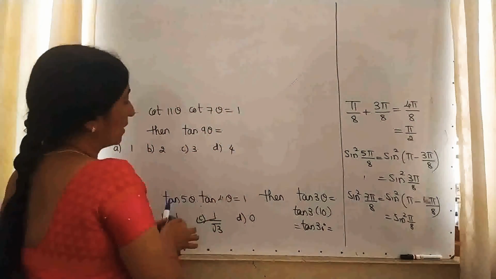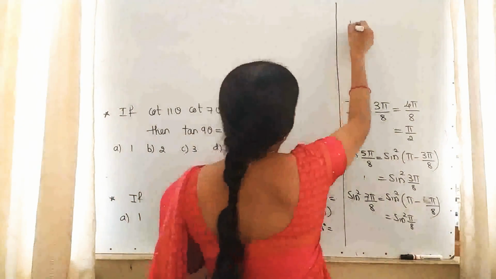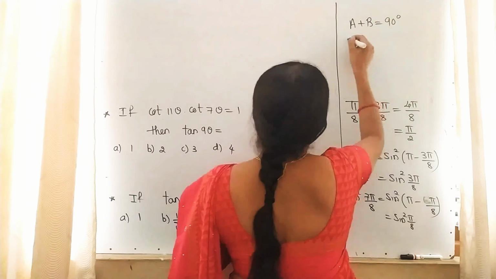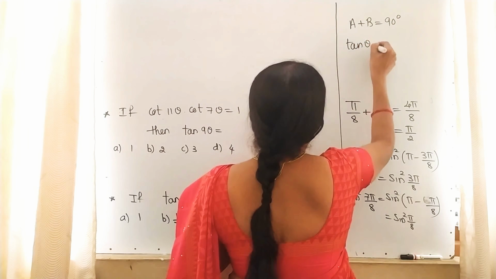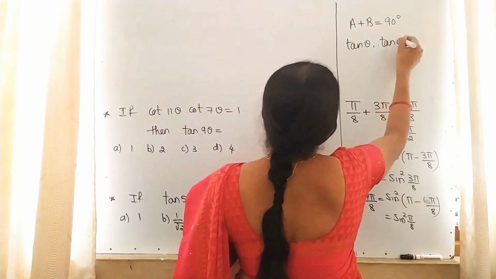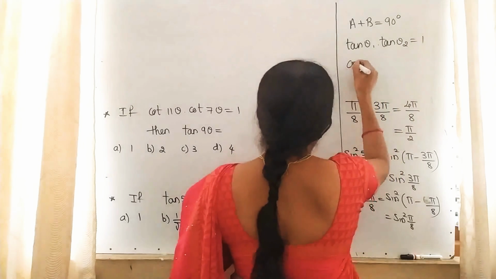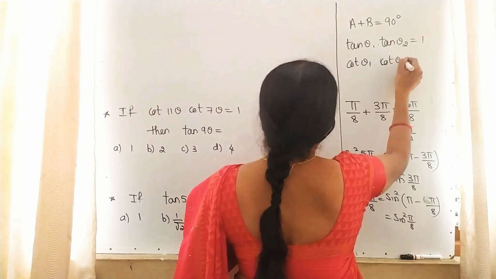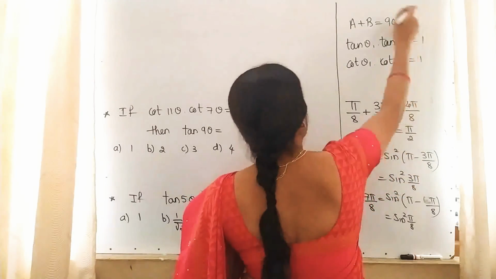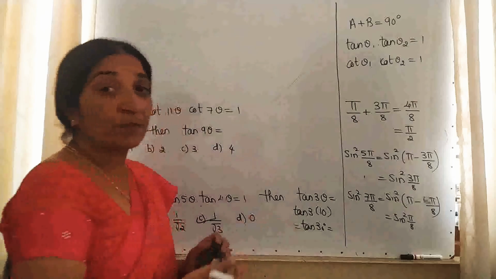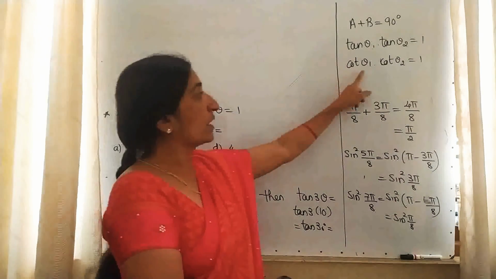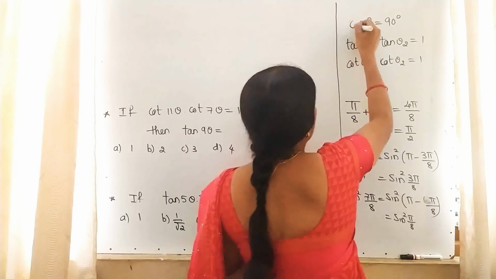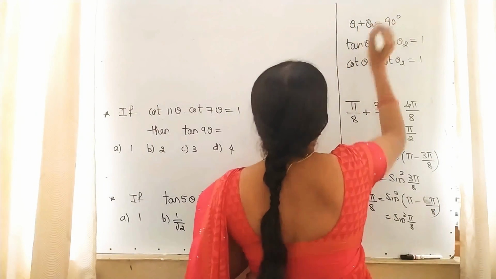You are familiar. What is the familiar result? If A plus B is equal to 90 degree, then tan theta 1 into tan theta 2 is 1, or cot theta 1 into cot theta 2 is equal to 1. You can go for reverse also. Reverse means how? If cot theta 1 into cot theta 2 is equal to 1, it means theta 1 plus theta 2 is 90 degree.